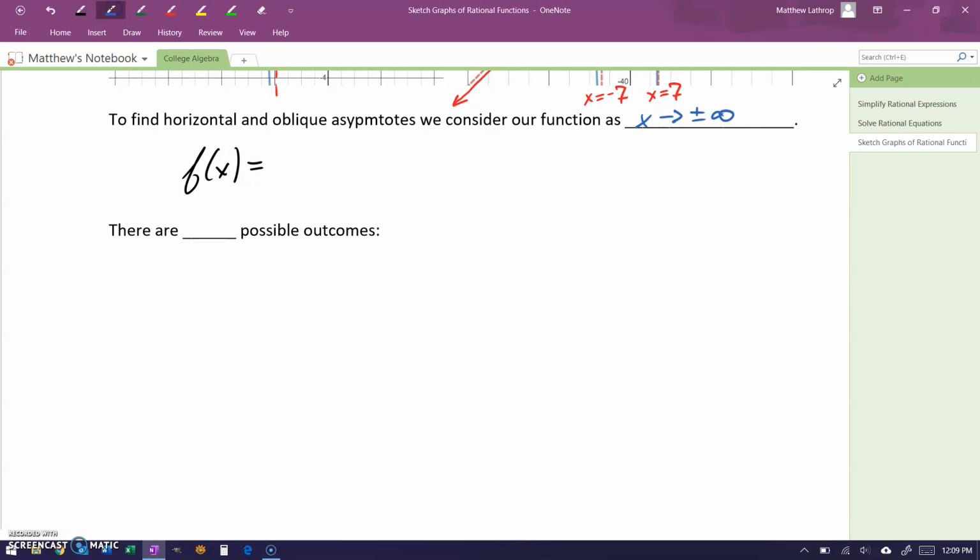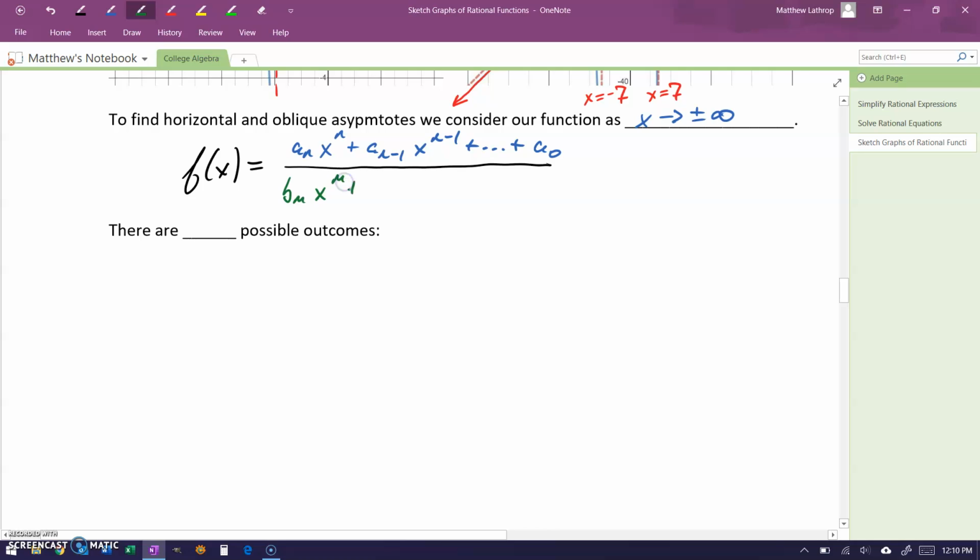So if we have some given rational function, a sub n times x to the n power plus a sub n minus 1 times x to the n minus 1 power plus however many terms we have, down to just a constant term, over some other polynomial function, b sub m times x to the m plus b sub m minus 1 times x to the m minus 1, on and on for however many terms we have, until we get to that constant term.